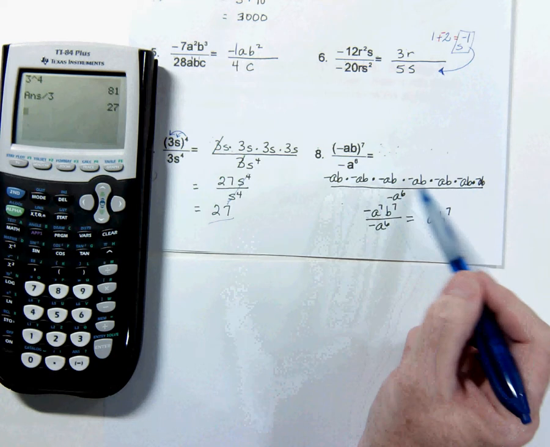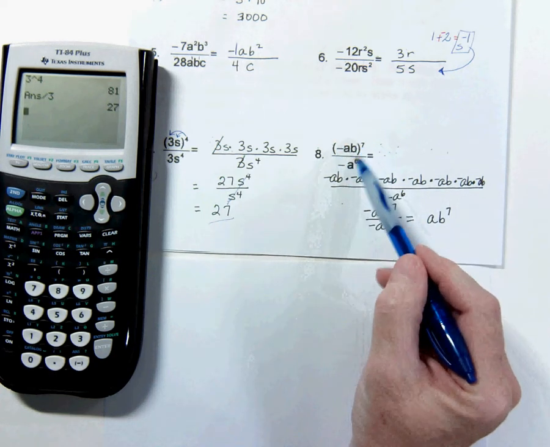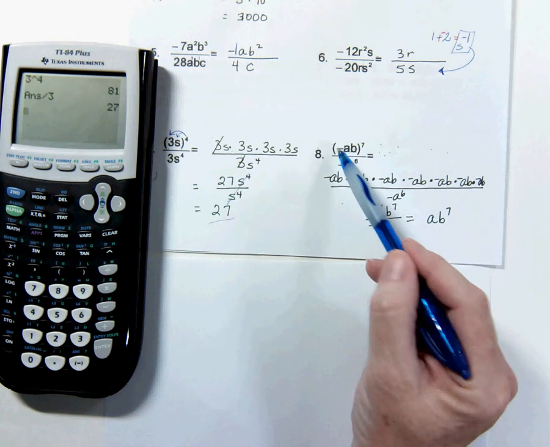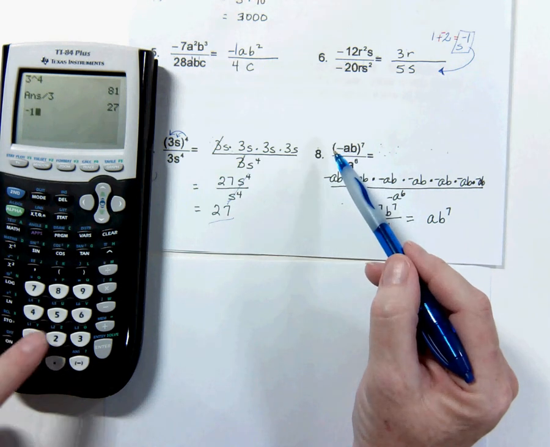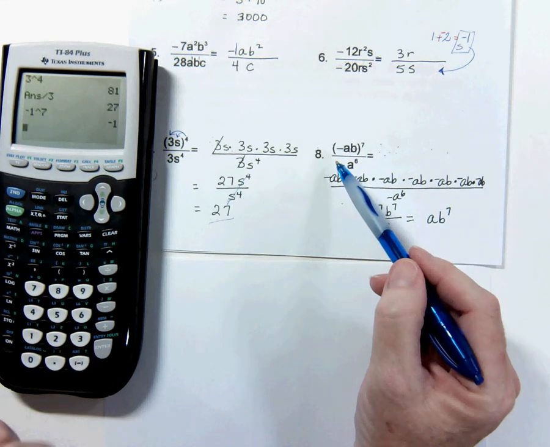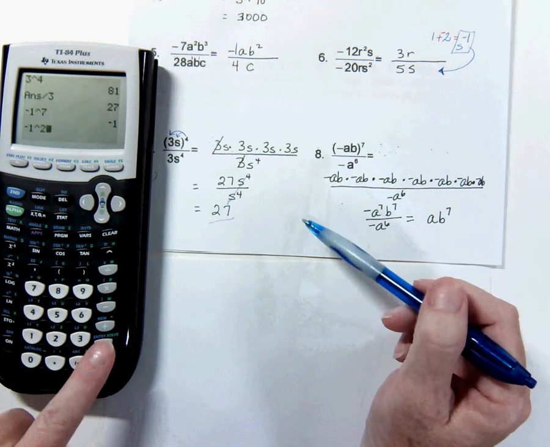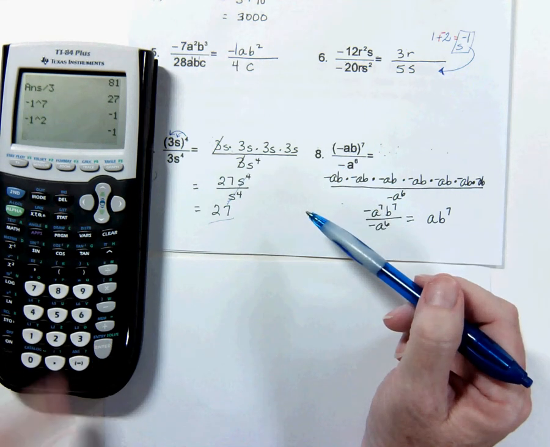Okay, this one looks like a long, drawn-out problem, but just be careful that you have a negative 1 to the power of 7. If I put negative 1 to the power of 7, I'm going to get a negative 1. But be careful, if you put negative 1 to the power of 2, this is just an example, you're getting a negative 1, but that's actually wrong.